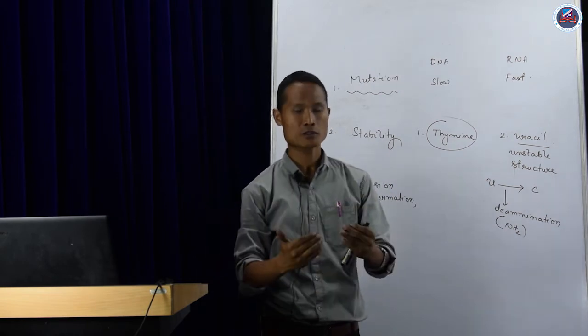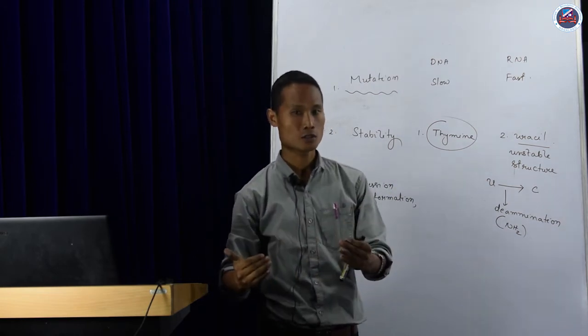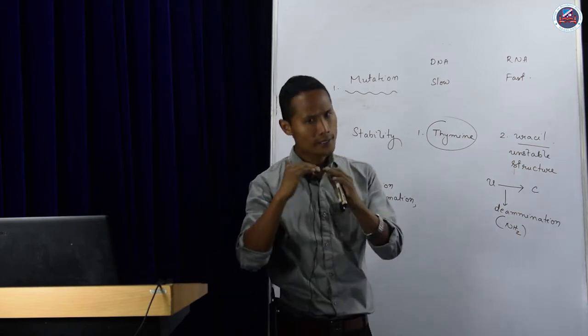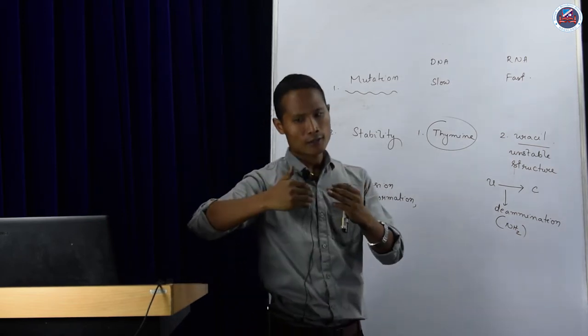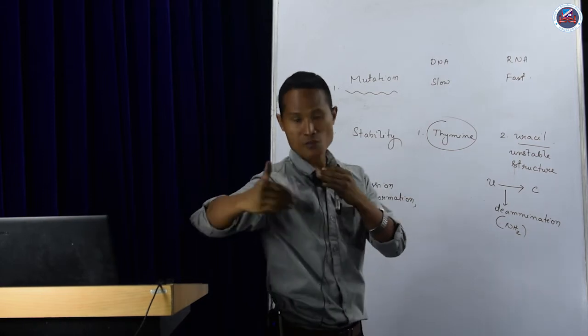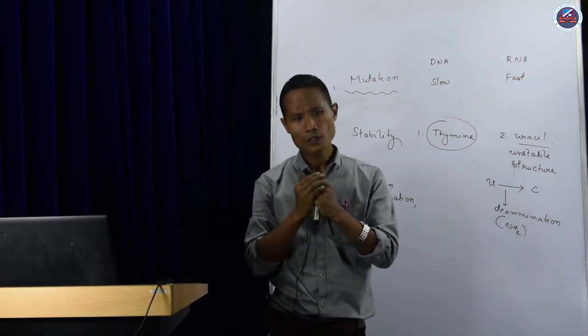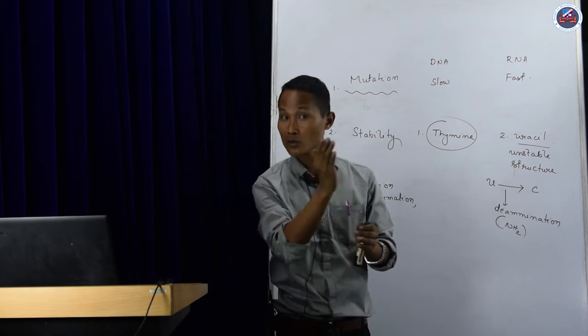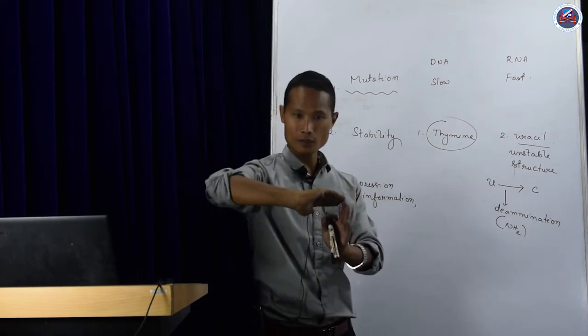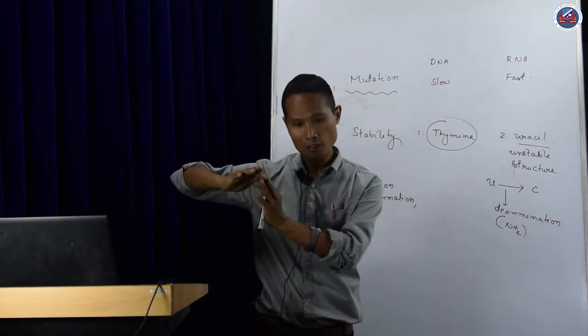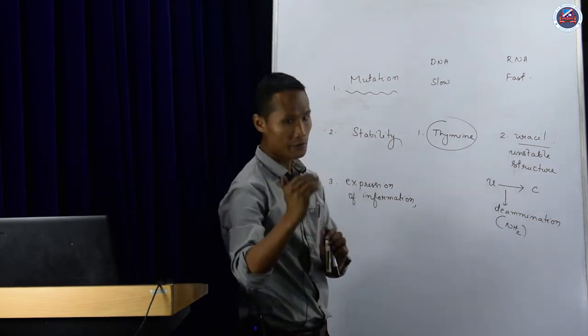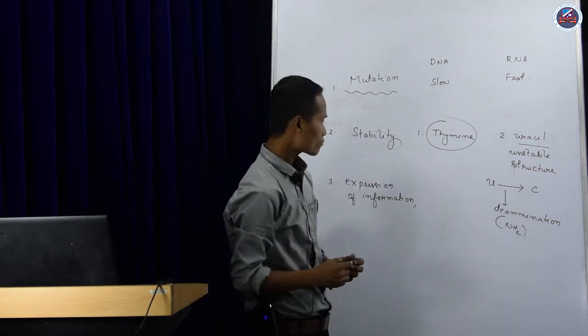They are the storage of the genetic information. Whereas RNA is responsible for the transmission. Transmission means whatever information is stored in the DNA has to be transmitted, has to be transferred. So RNA is responsible for that.